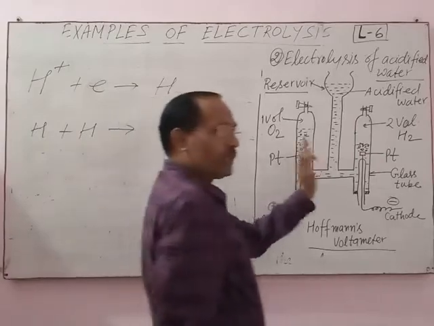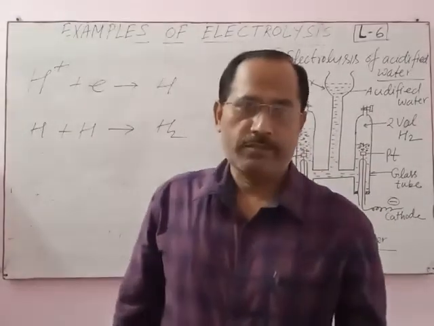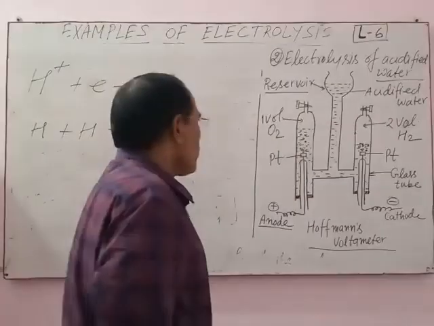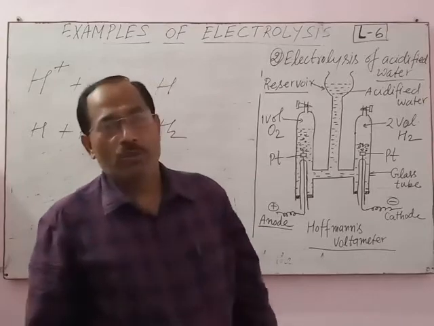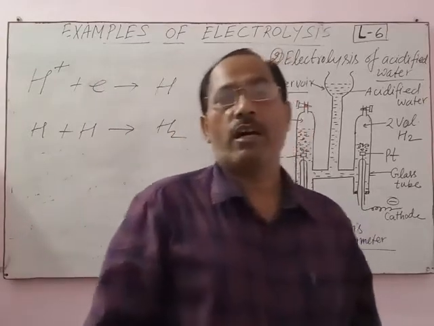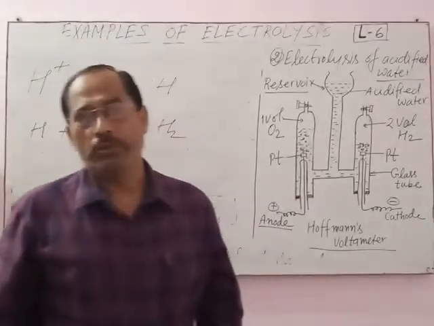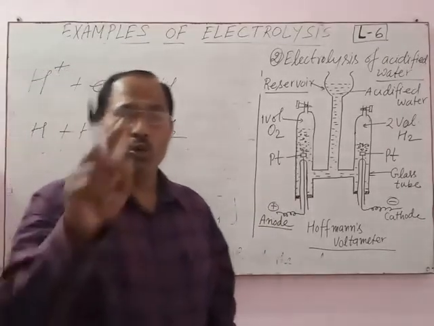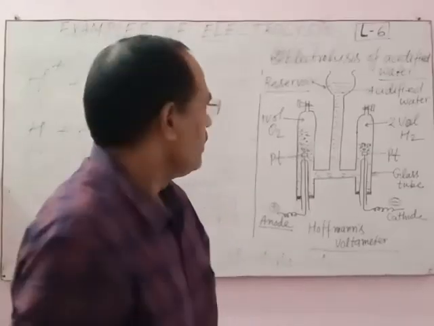Since OH ion and SO4 ion are both negative ions, both ions migrate towards the anode. Now the preferential discharge of OH ion takes place at the anode because of the lower position of OH ion in the electrochemical series.